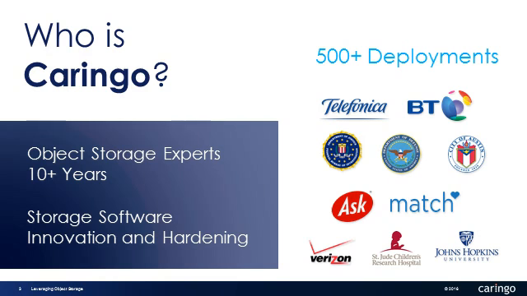Cloud service providers like Telefonica and BT, the Department of Defense, who uses us to store all of their medical images, and web service providers like Maps.com, Apps.com, and other internal enterprises and general service providers, whether it be for active archiving or for thin provisioning primary storage off to object storage. All of those use cases are in play and growing with object storage.